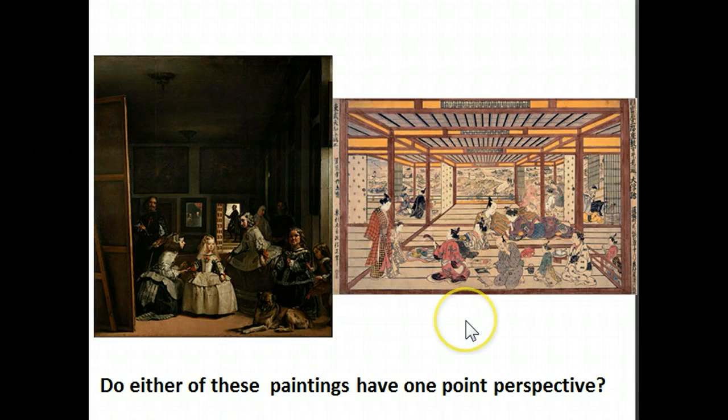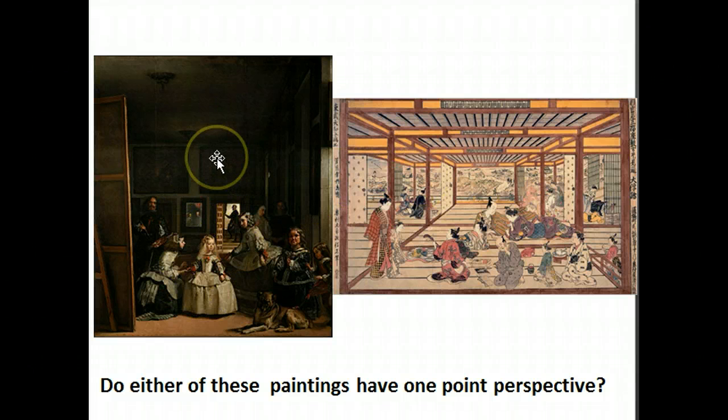So if we look at the Japanese woodblock print, we can clearly see there are orthogonal lines that point right into the vanishing point, straight back in the painting. You've got lines on the ceiling, the wall, the floor. All of these things clearly point to a vanishing point and a horizon line in the back there.